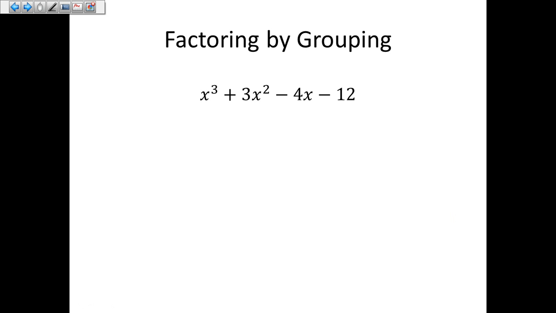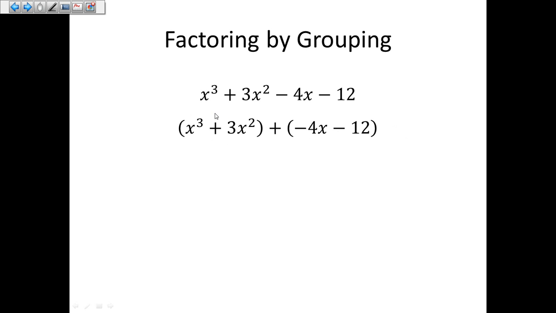Now what you want to do is start out with the polynomial in standard form like we have here. Standard form meaning that we have our highest power first and then it goes down from there. And then I just simply group the first 2 terms and the second 2 terms. Now notice I used addition here. I could have factored out this minus and made it minus 4x plus 12, but I like to have a plus in there.